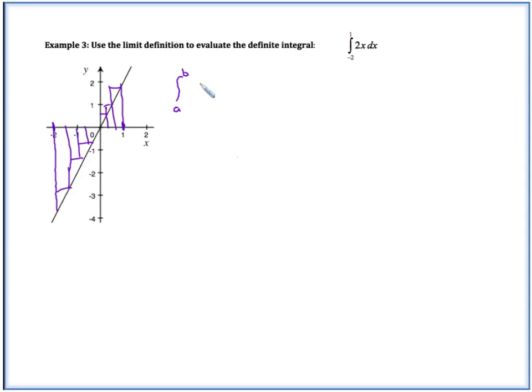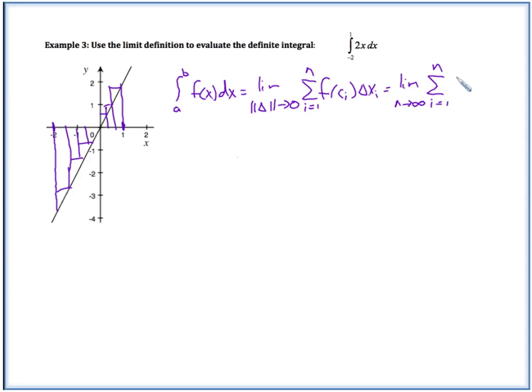And let's go ahead and use the fact that we know that our integral from a to b of f of x dx equals the limit of our general partition going to 0 of the sum from i equals 1 to n of f of c sub i delta x sub i, is going to equal the limit as n goes to infinity of the sum from i equals 1 to n of f of c sub i times delta x.